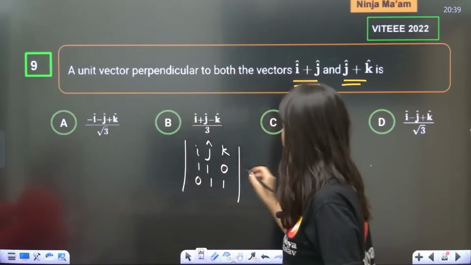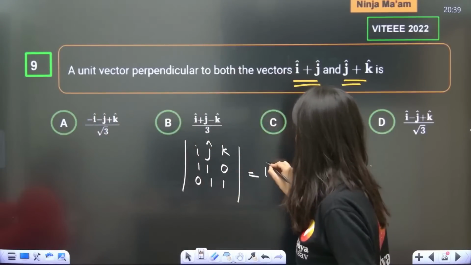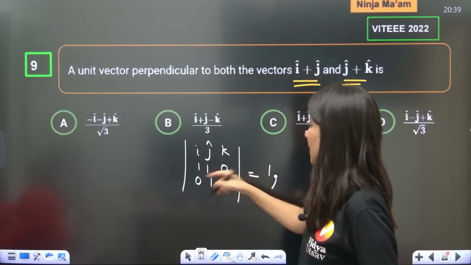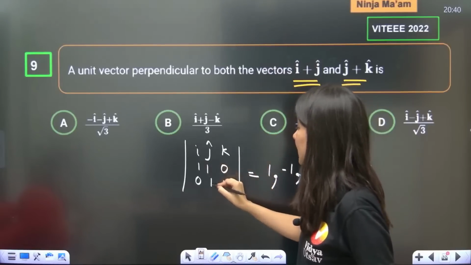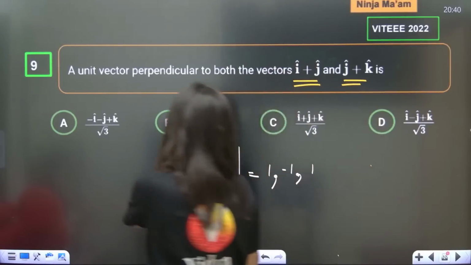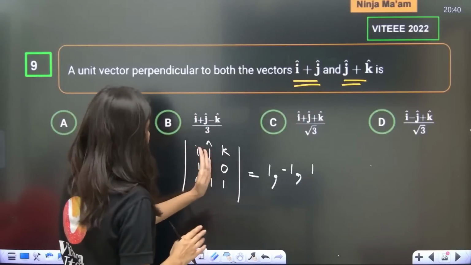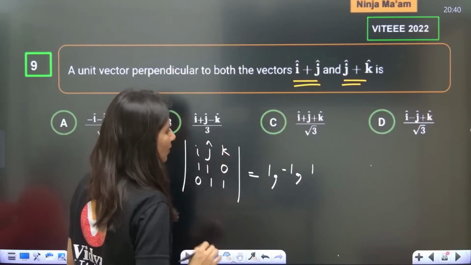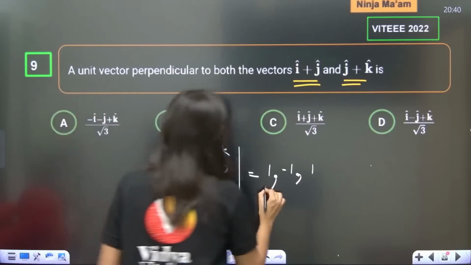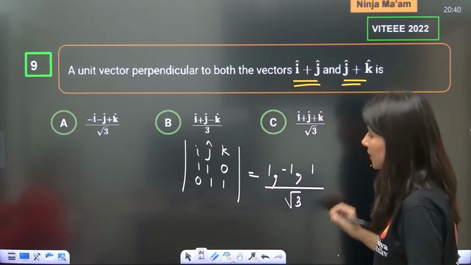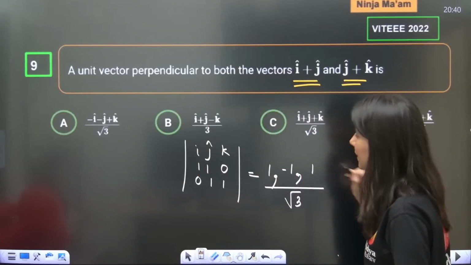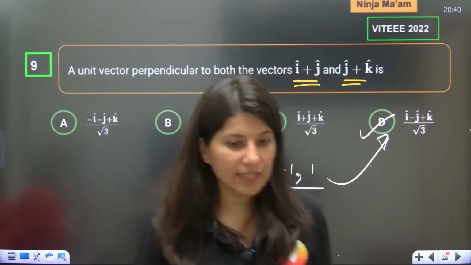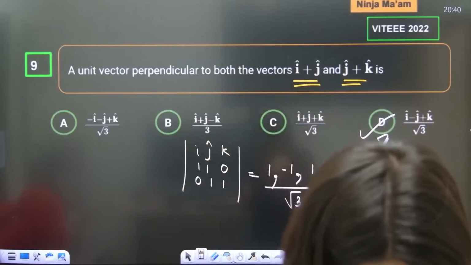I cap will be 1 minus 0, so 1. Then J cap will be 1 minus 0 again, so minus 1, and K cap will be 1 minus 0, that is also 1. So, 1 comma minus 1 comma 1. Since it is a unit vector, write root 3 over here, with plus minus sign. Can you see, this is directly matching with option D?